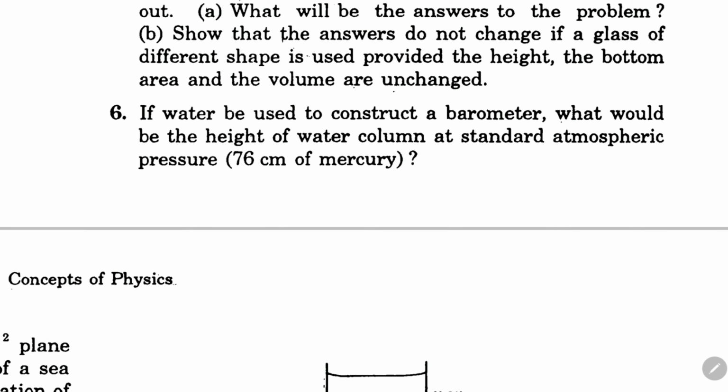Now in question 6 we are asked, if water is used instead of mercury in the barometer, what will be the height of water column? So the sixth one: the pressure will remain the same, so h rho g will be equal to h, let's say heights h1 and h2, density of mercury into g, so the pressure will remain the same.